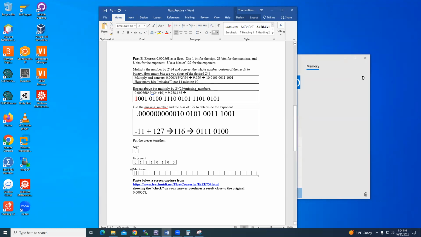So my mantissa should be 0, 0, 1, 0, 1, 0, 0, 1, 1, 1, 0, 0, 1, 0, 1, 1, 1, 0, 1, 0, 1, 0, 1. Let's see how we do.